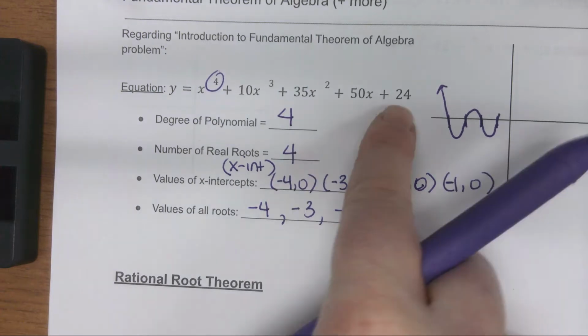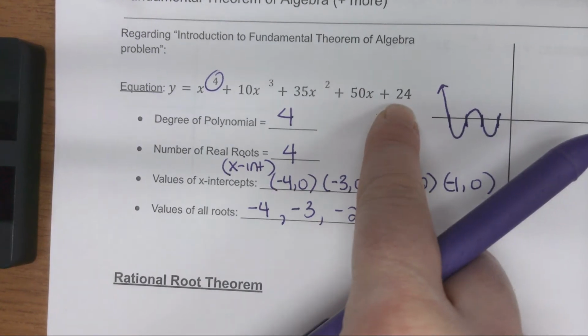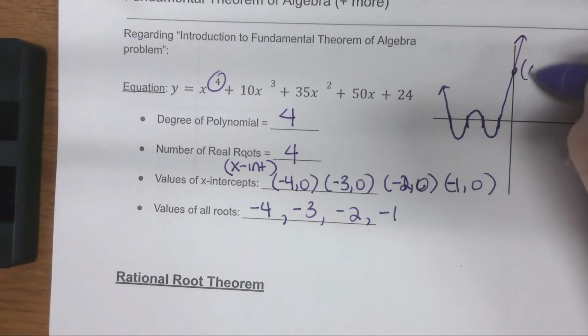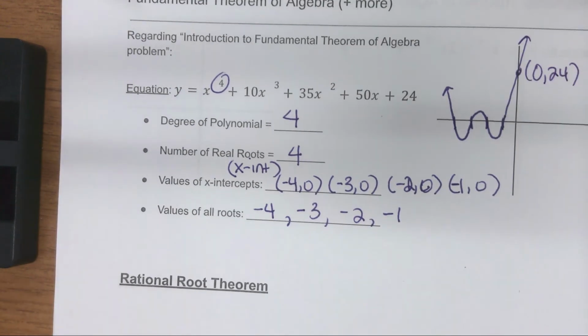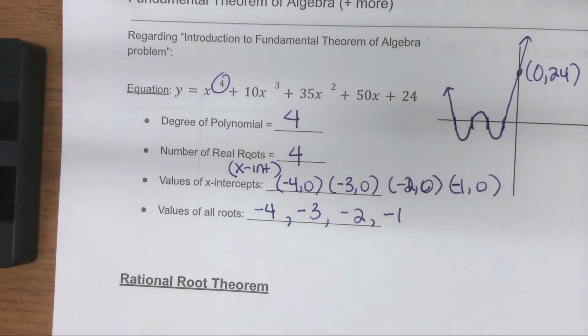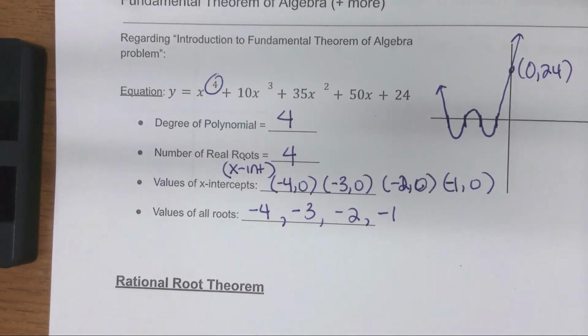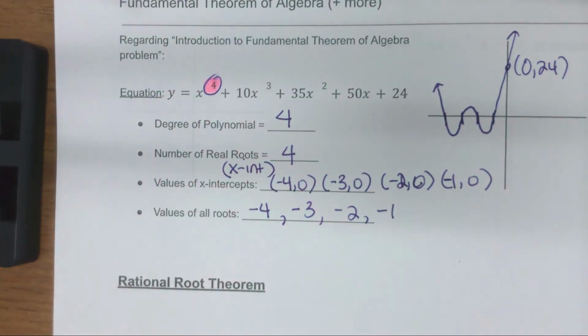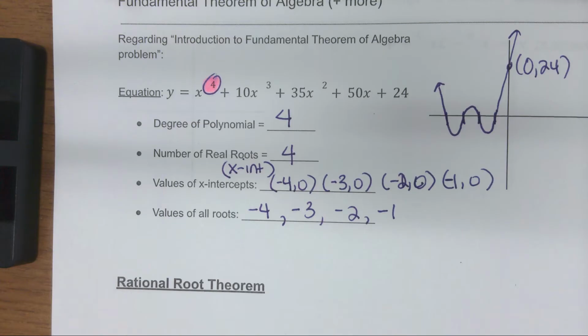Where does this cross the y-axis? 24. Yeah. So somewhere up there. So the connection, what I want you to notice today, is this degree is going to tell us how many total roots something has. What we're going to notice is they're not going to always show up on the x-axis. Today they did.